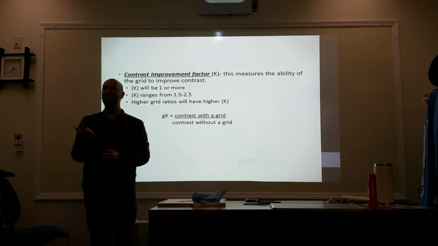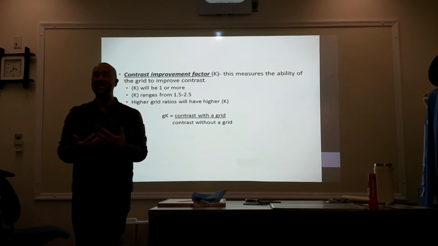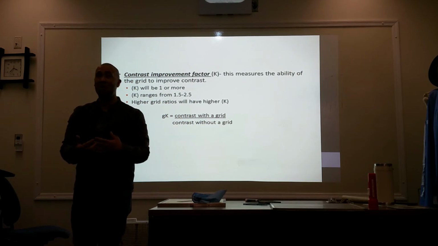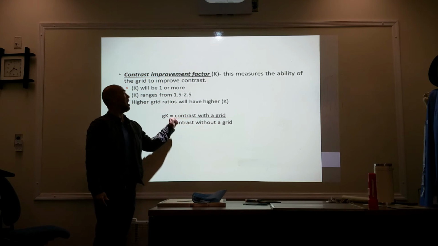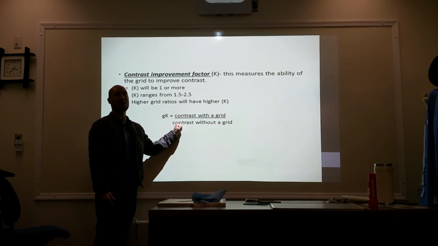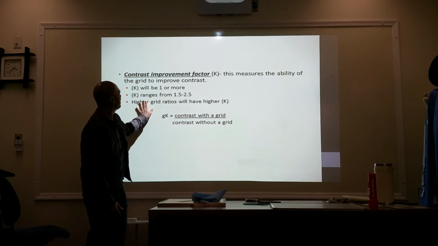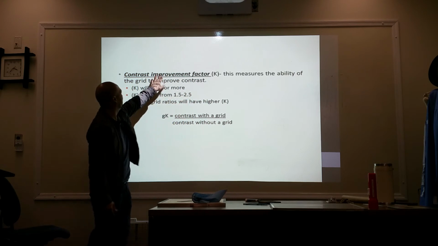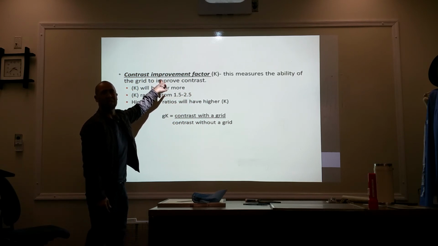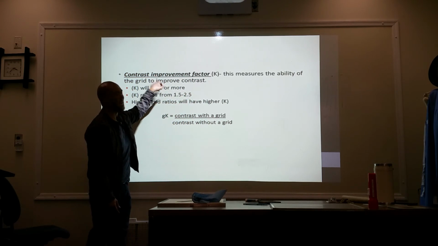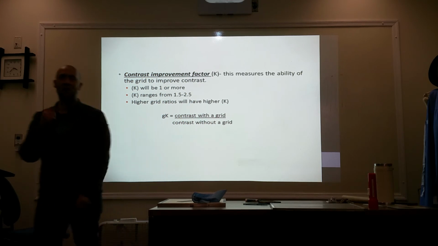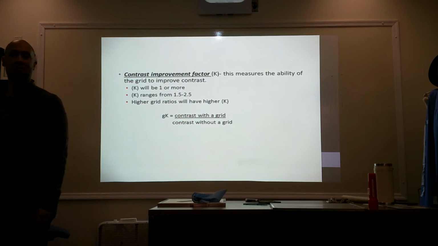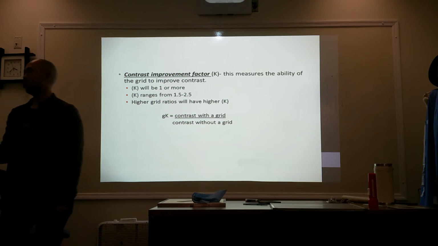So higher grid ratios have better selectivity, therefore they're going to give you a higher K number, a higher contrast improvement factor. Don't get yourself all wound up in this, just the definition. So a higher grid ratio is going to give you better contrast, a higher K factor.